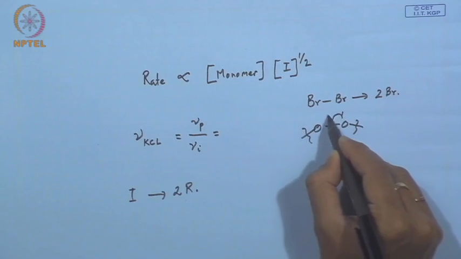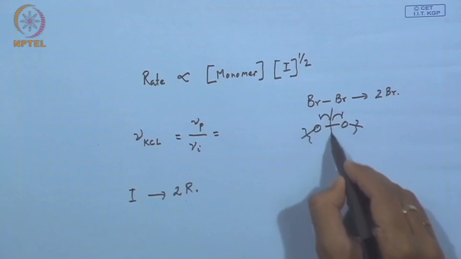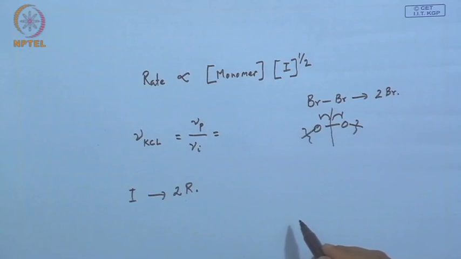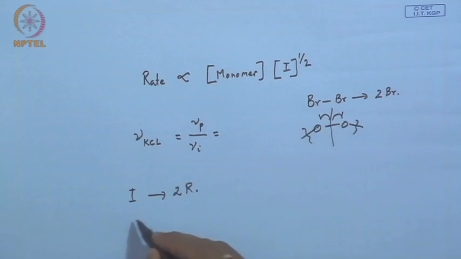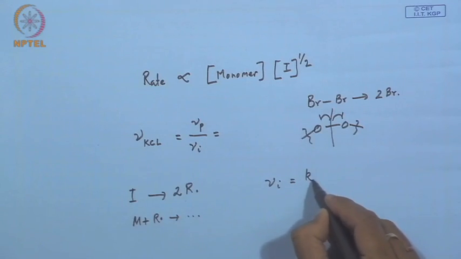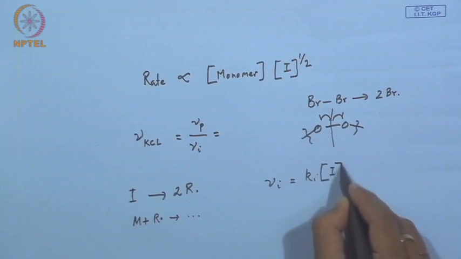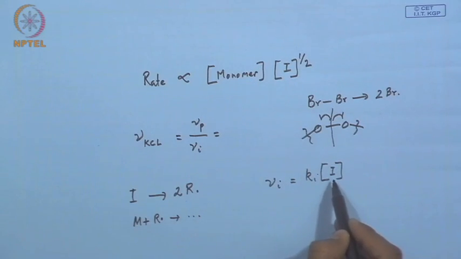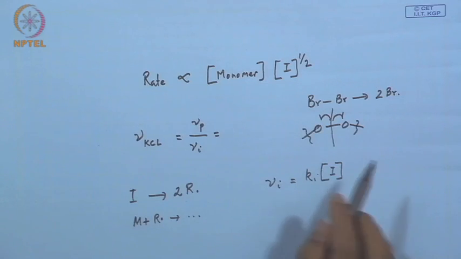If you do a homolytic cleavage, you will generate 2 radical centers. That is why 2 R dot, or it may be M plus R dot producing another radical. So the initiation rate is equal to K I times the concentration of I. Remember, this is your elementary step, not the overall rate; it is the rate for the elementary step.